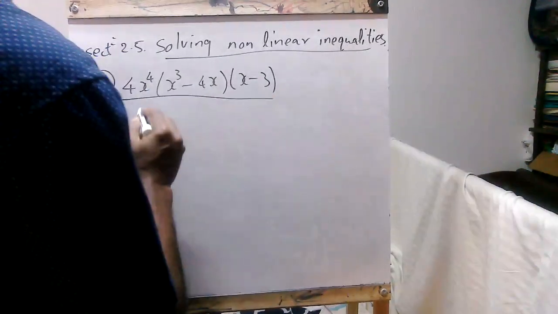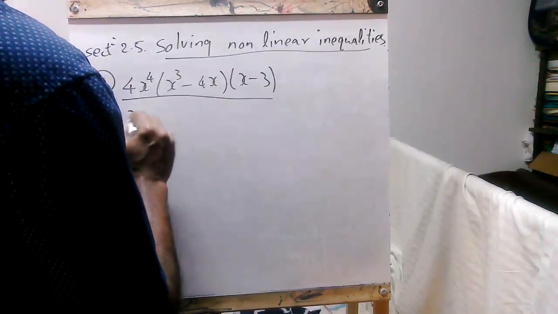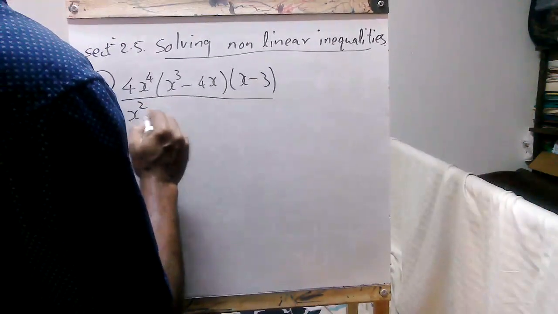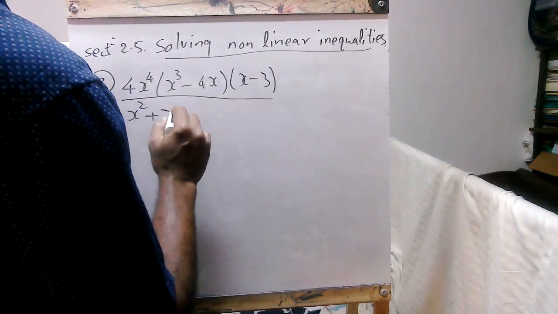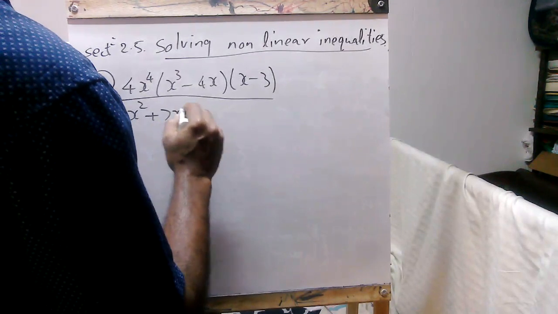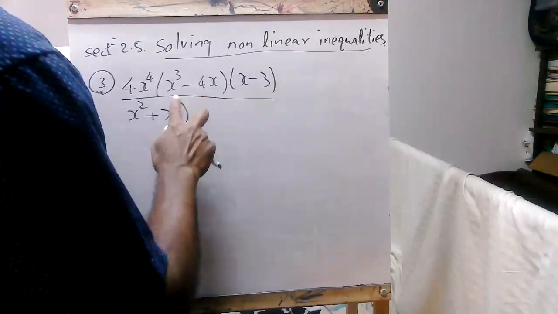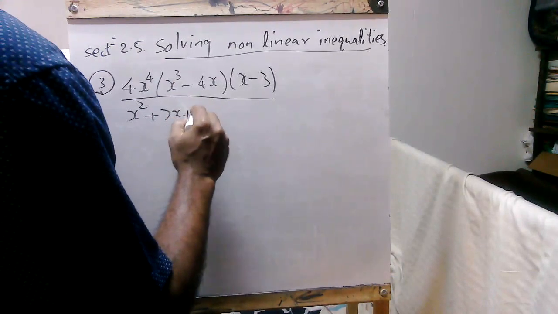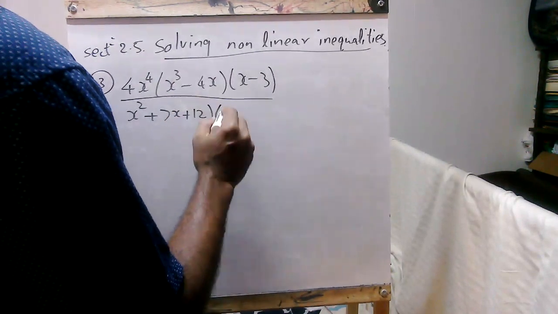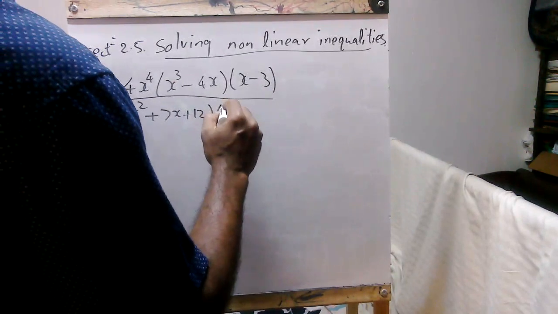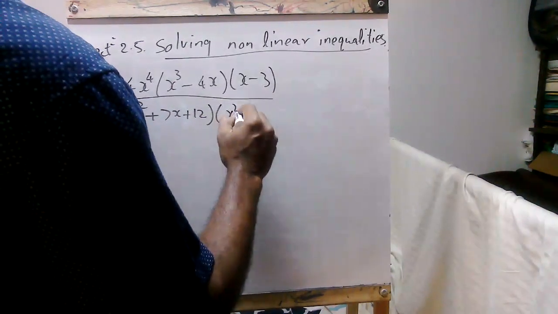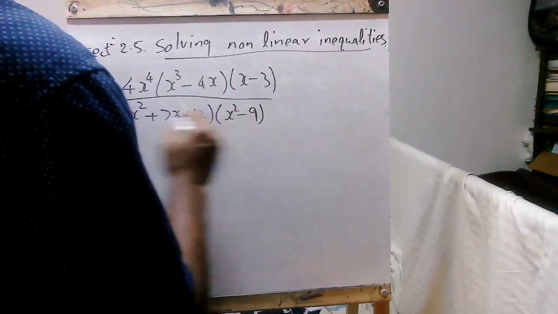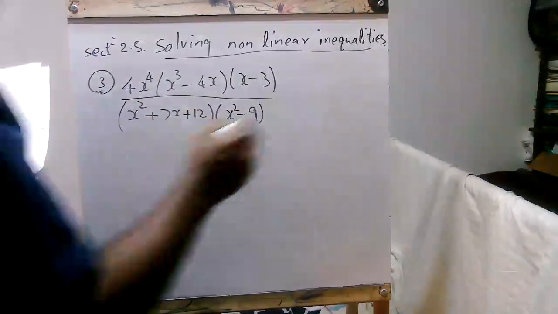Divide by x square plus 7x plus 12 times x square minus 9 greater than or equal to 0.